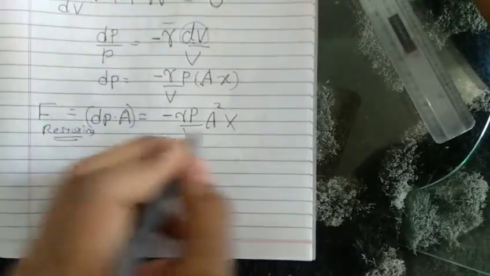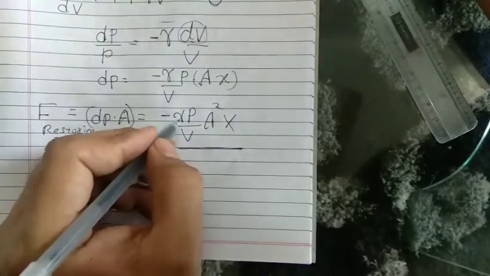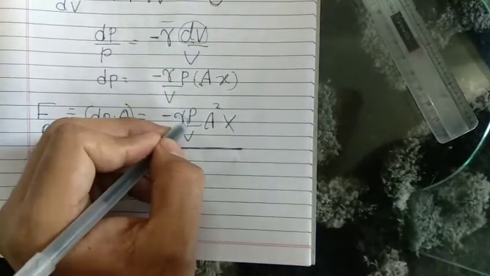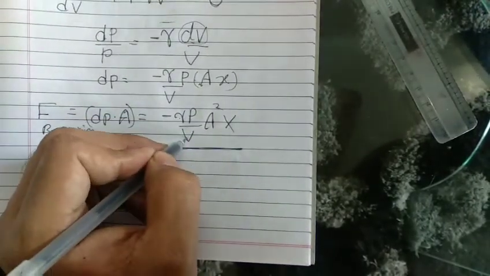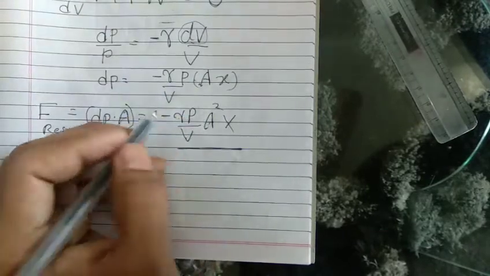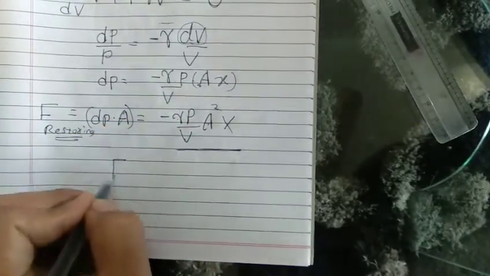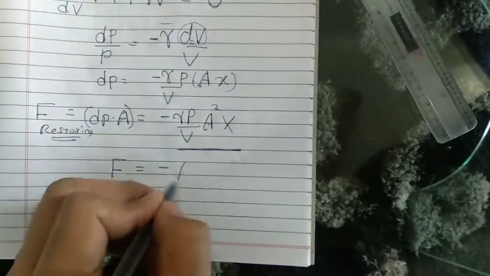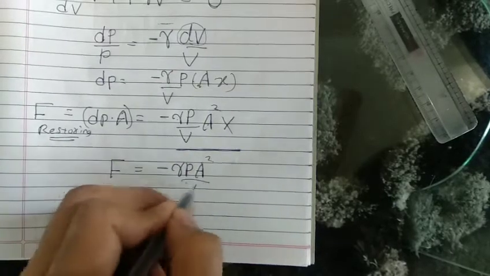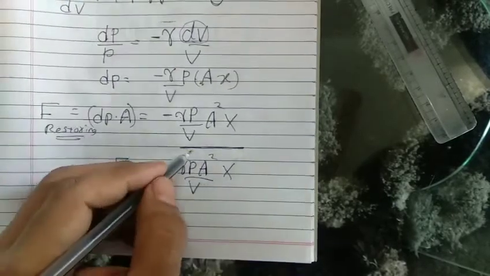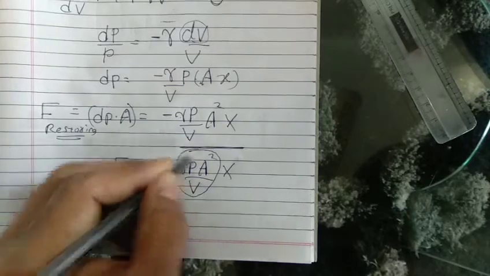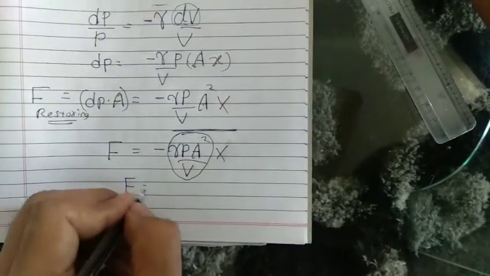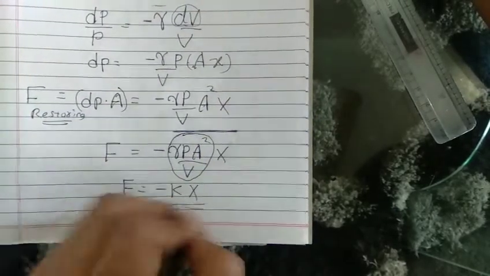So you can see the restoring force is given by this formula. Here gamma is constant, P denotes initial pressure, V denotes initial volume, and A is the area of the piston. You can see that F is minus gamma P A square by V into X, isn't it? All these things are constant. Write it as K, so F equals minus Kx.